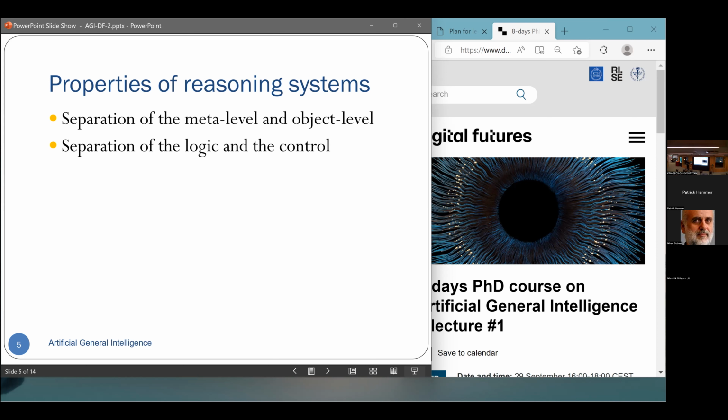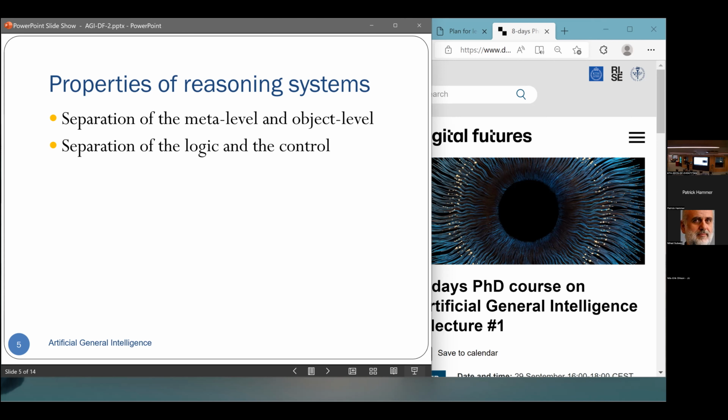So again here, this separation will allow you to use a fixed logic with a flexible control. We can use a metaphor of building blocks. The logic will decide what building blocks you have. The control part will decide how to put those blocks together for each scenario. And you don't change the blocks, you change the way they're put together.